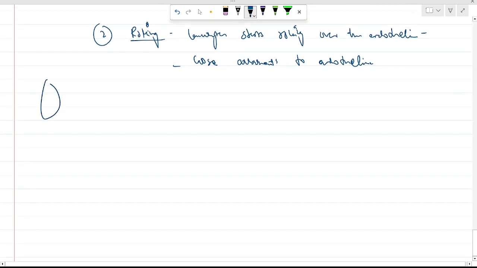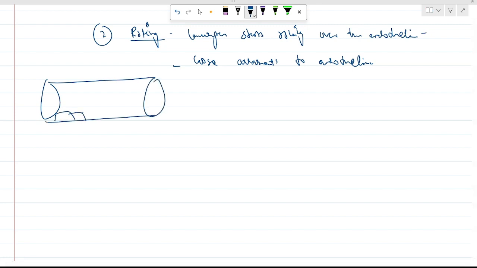So this is the blood vessel and these are the endothelial cells. These are the leukocytes. They form transient, loose attachments to the endothelium, and it appears as if they are rolling over the endothelial cells.